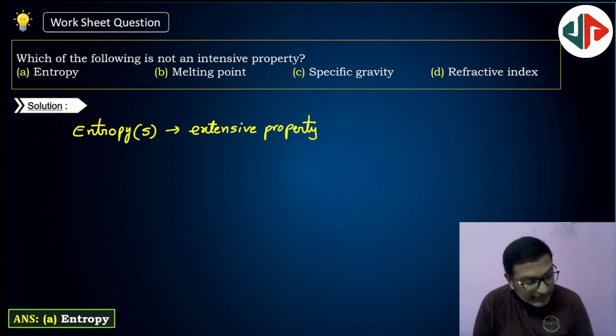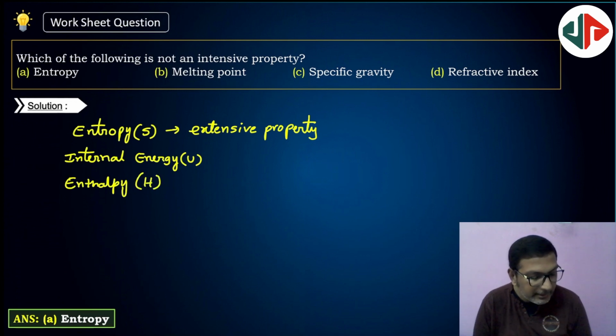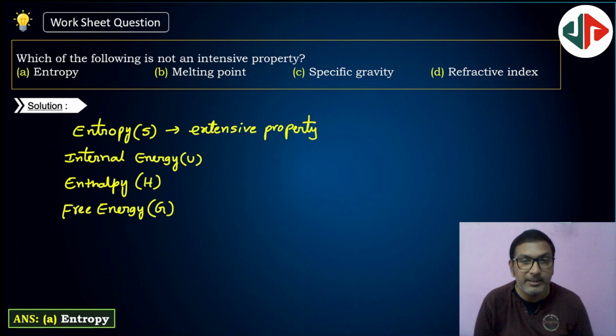So entropy, internal energy U, enthalpy H, and free energy. All these are extensive properties.